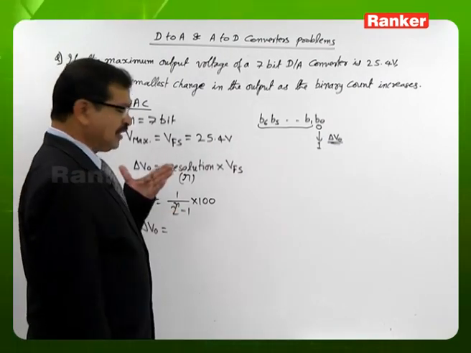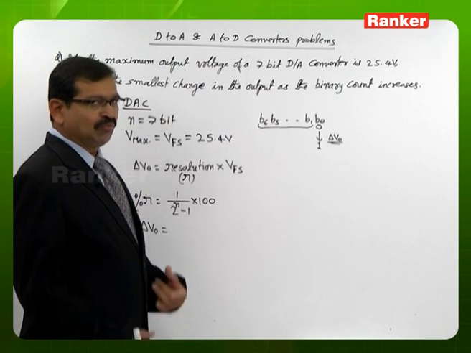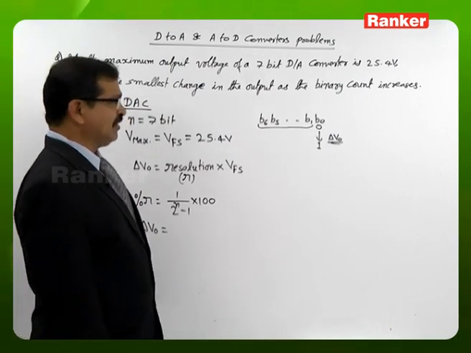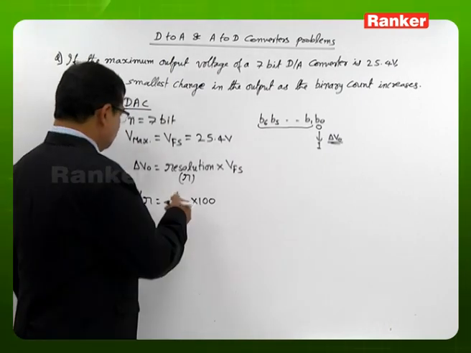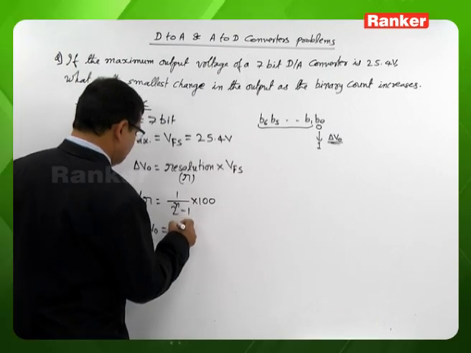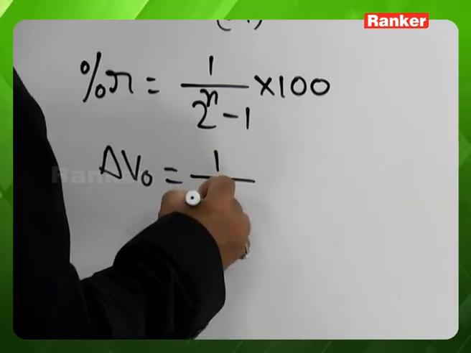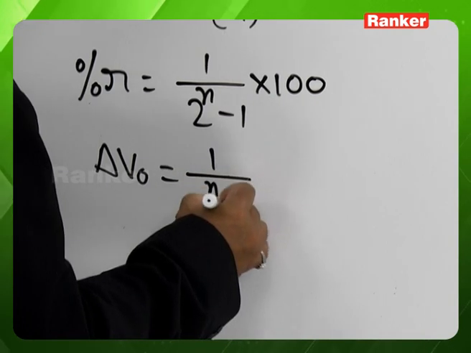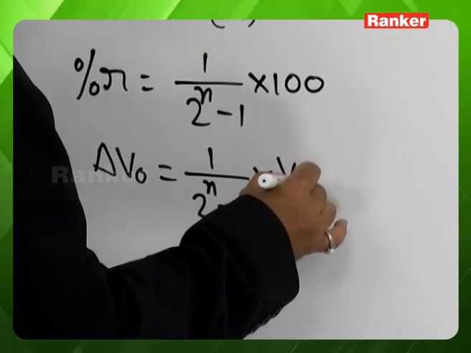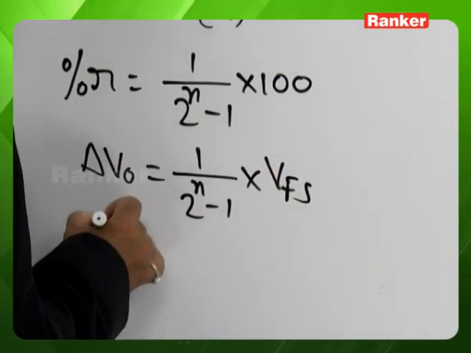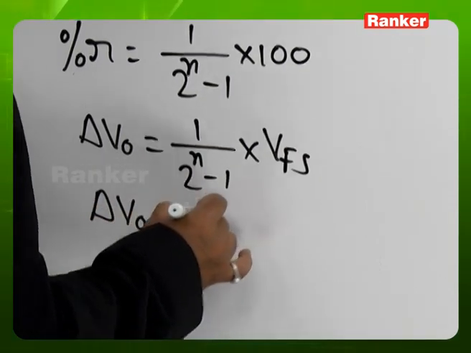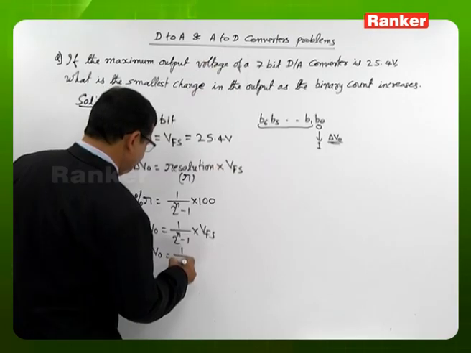In that case, the resolution is the smallest possible change in the output voltage or output current whenever the input binary bit is changing. So anyway, conventionally it is 1 upon 2 to the power of n minus 1 into the full scale output, based on the values of the given problem.